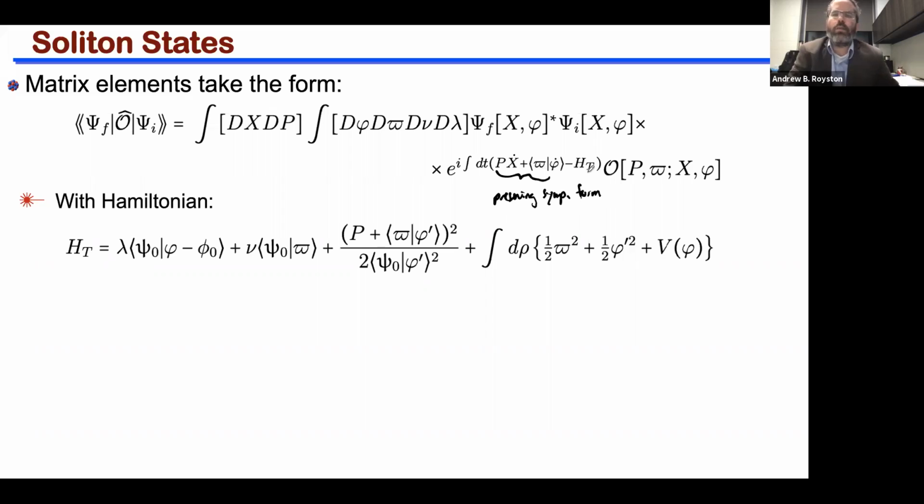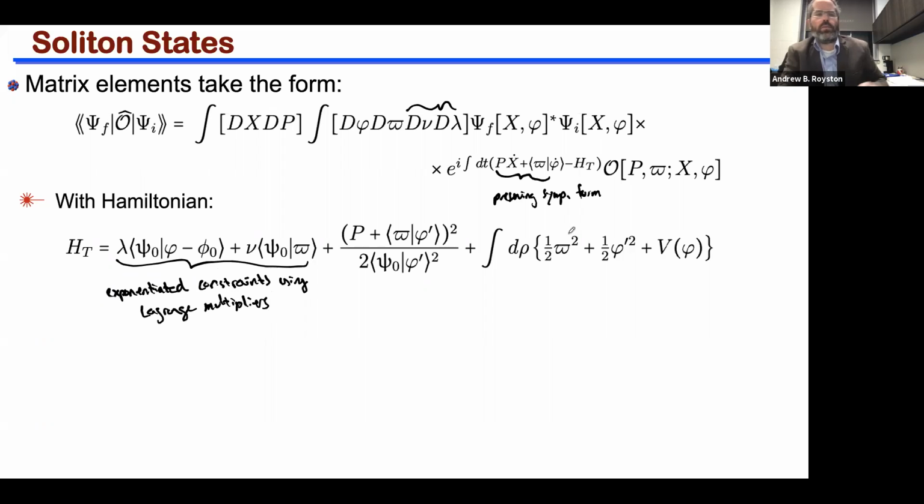HT is just the Hamiltonian in the new variables, except we've done one thing. We've exponentiated those constraints. And so we've added two new terms to HT. So we're writing those constraints as integrals over Lagrange multipliers of plane waves, just a technical convenience for what's to follow.